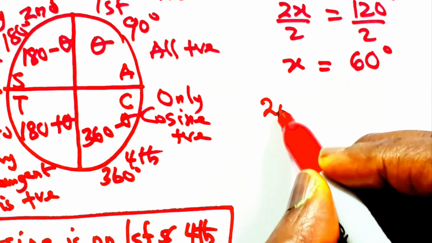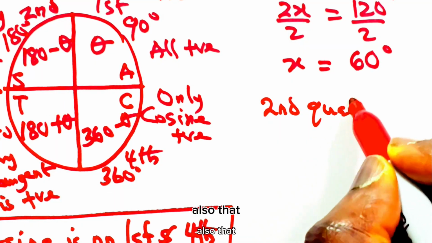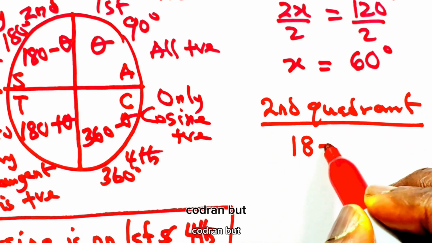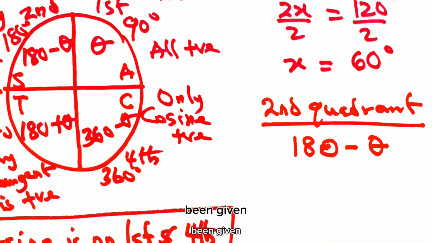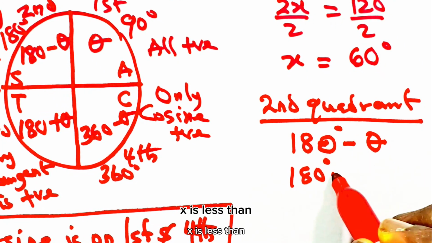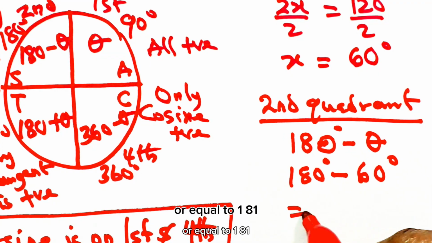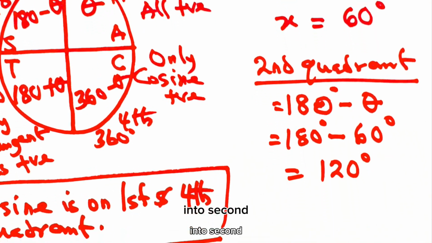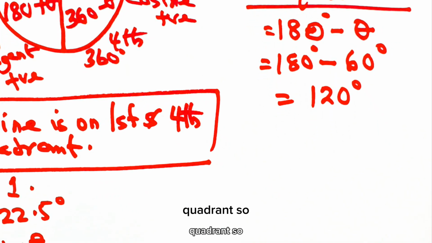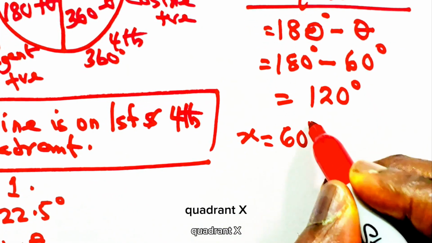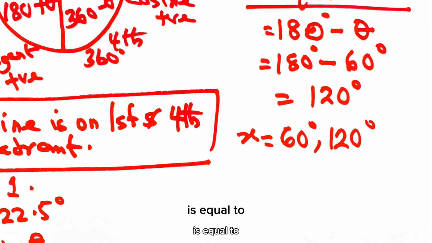So in the second quadrant, we have 180 minus theta, and that is going to give us 180 degrees minus 60 degrees, and that will give us 120 degrees. On case 2, x equals 60 degrees and 120 degrees.